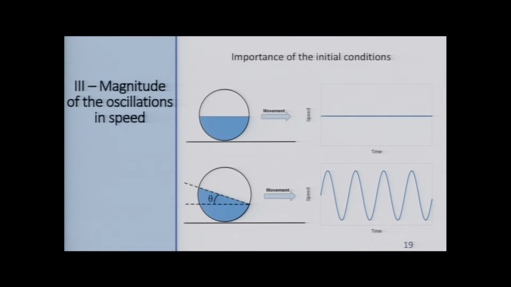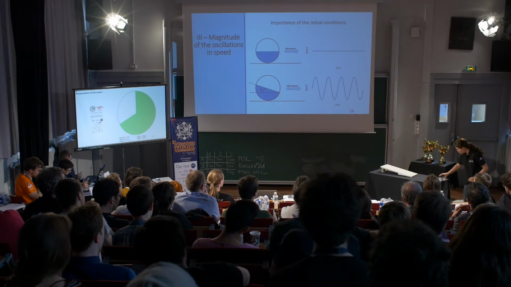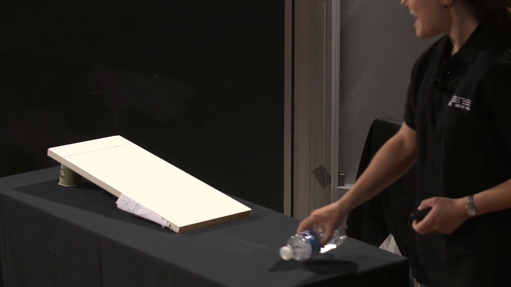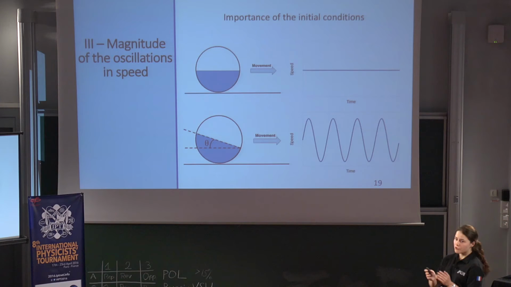If you push just gently the bottle, just like this, you won't have any oscillations. But if you kick it a little bit more, then you will see oscillations. And so it's really hard to define the transition between no oscillations and oscillations.